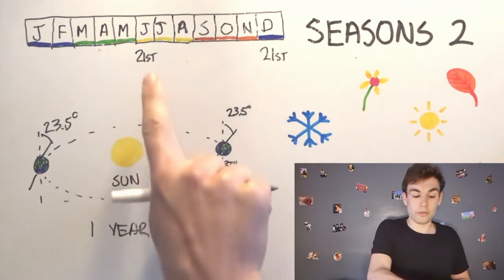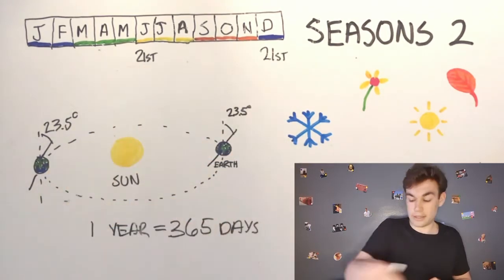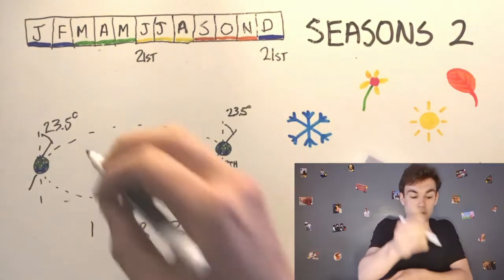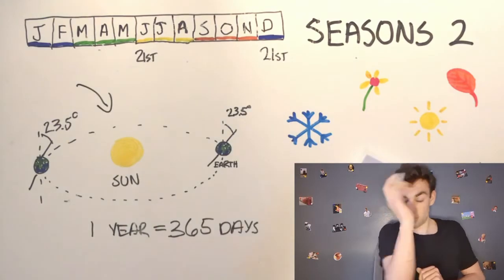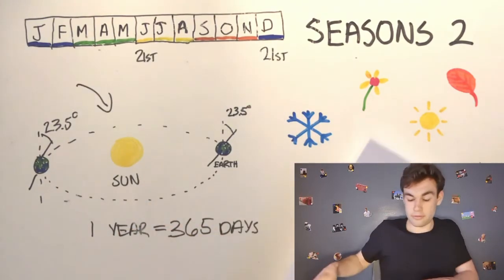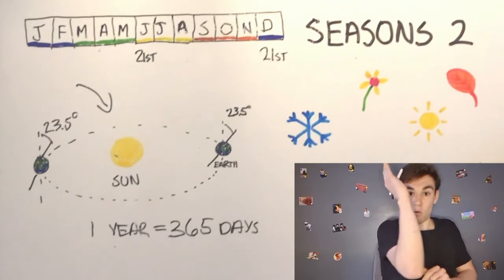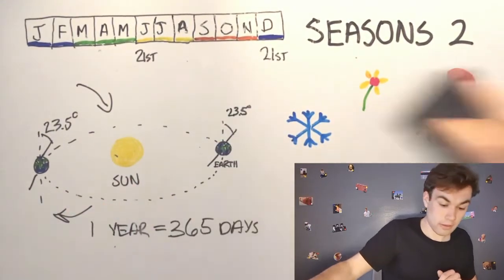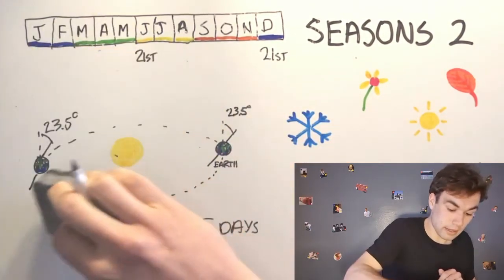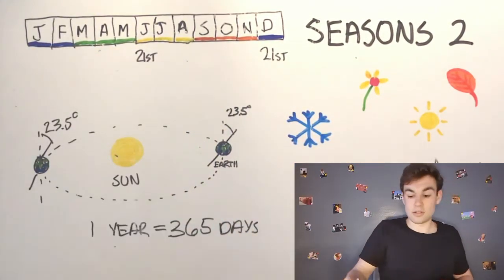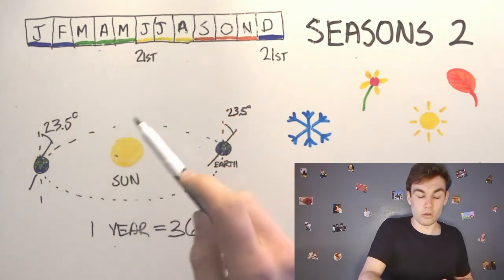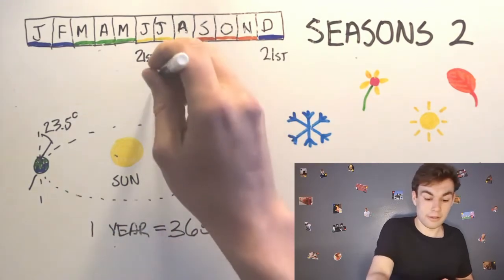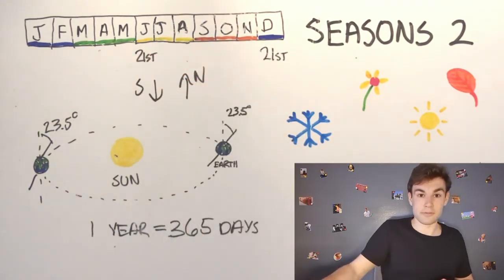Look, on the 21st of June, the northern hemisphere is tilted towards the Sun, and the southern hemisphere is tilted away from the Sun. This means that it is summer in the northern hemisphere and winter in the southern hemisphere.